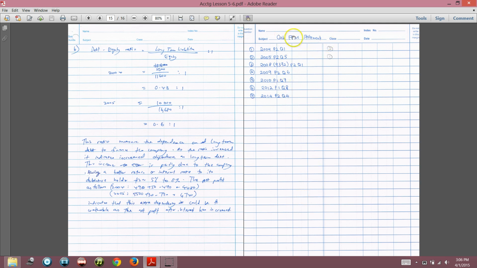Okay, so then you see these are the cash flow questions that I want you to do as homework. Even the two questions that I've explained to you, this one 2004 and 2005, both questions I've explained to you. Ignore this. Actually, I've explained 2004 first. So this is one, this is two.